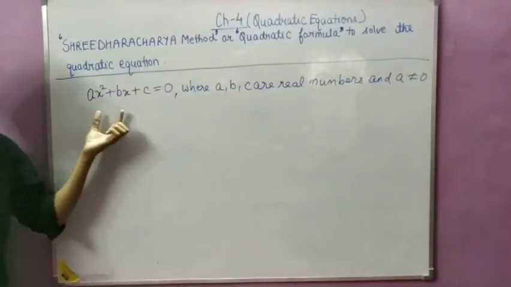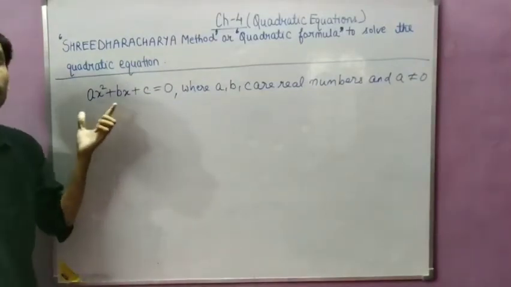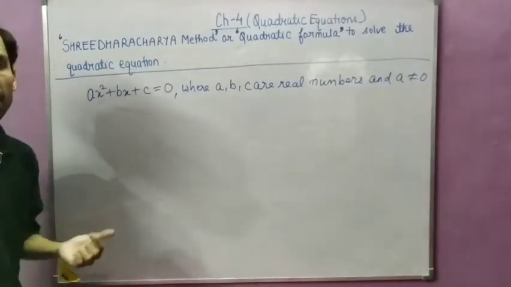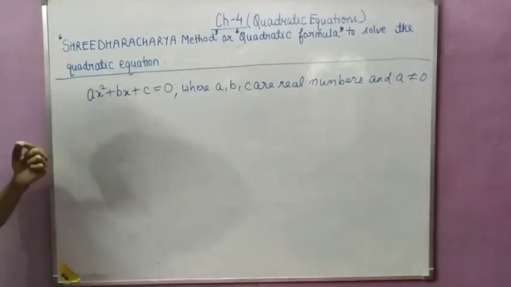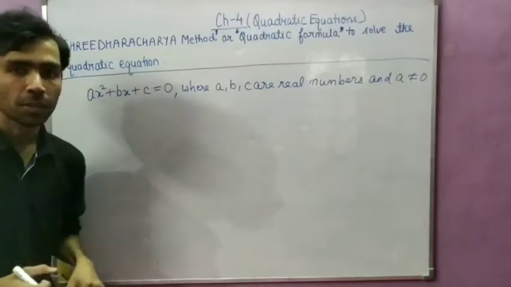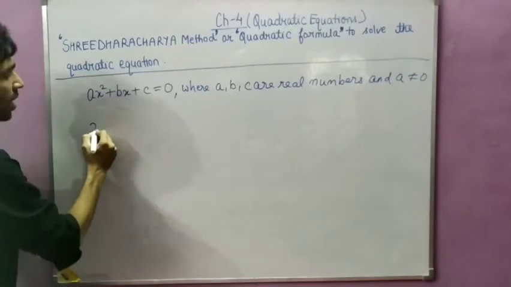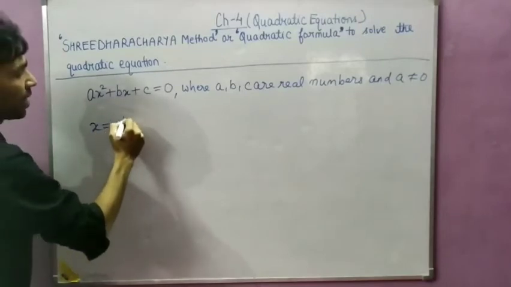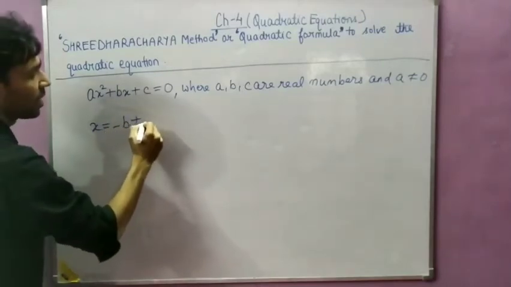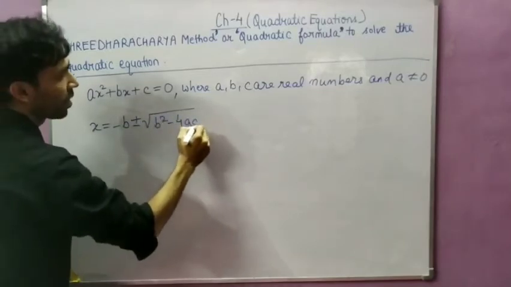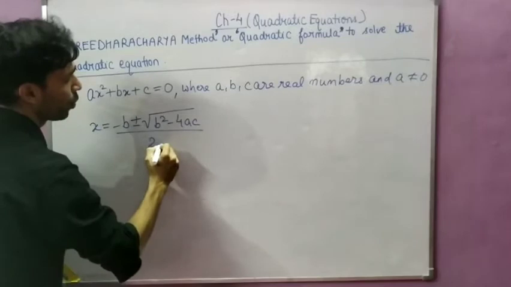This was the general form of a quadratic equation. In this quadratic equation the variable is x, so we have to find the roots of this equation. So what is the formula? The formula is x equal to minus b plus minus under root b square minus 4ac upon 2a.